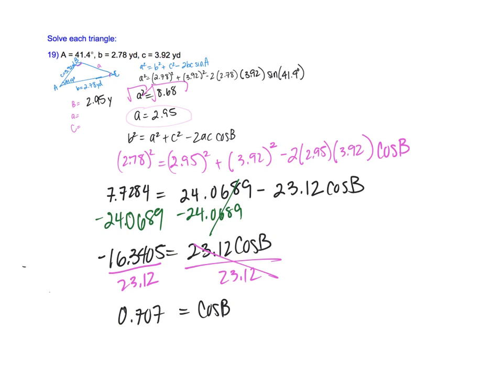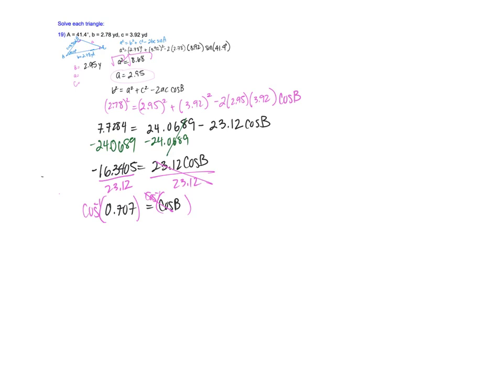And so from there, I have to take the cosine inverse. So that cancels, and what I have left is B is equal to cosine inverse of 0.707, which is going to be 45 degrees. And that's my answer for the angle.